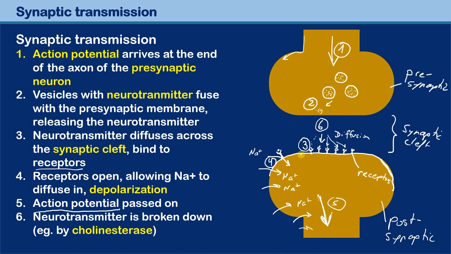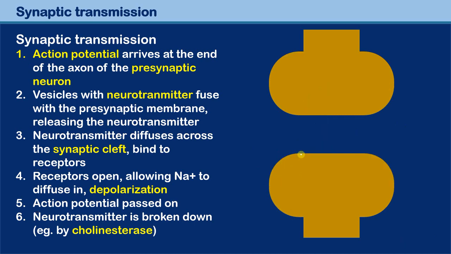And for those of you who think it's really confusing, I'm going to do this very quickly. Action potential arrives. Vesicles with the neurotransmitters fuse with the membrane, releasing the neurotransmitter, which diffuses across and binds to the receptor. Sodium goes in, a new action potential is passed on.